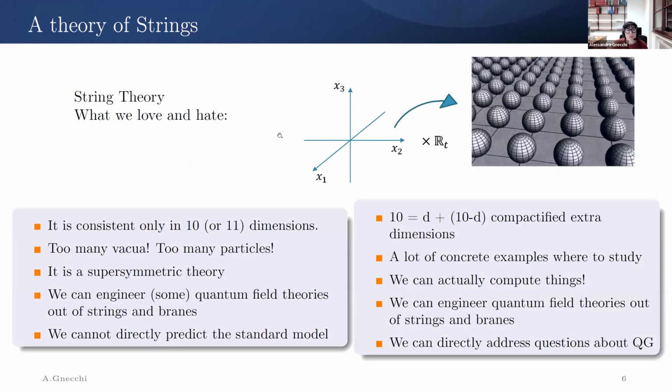However, why isn't everyone working on string theory? Well, the reason is that there are some pros and cons to this framework. As I said, the string propagates, describing not just a world line through its evolution, but a world sheet, which is a two-dimensional surface.